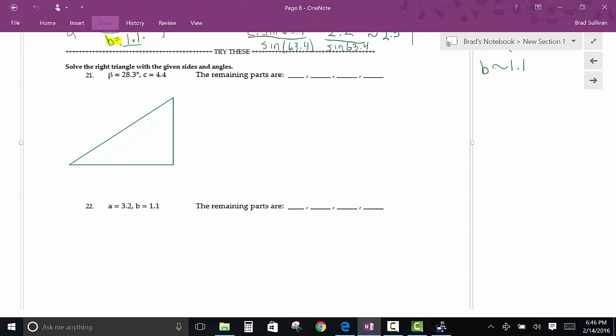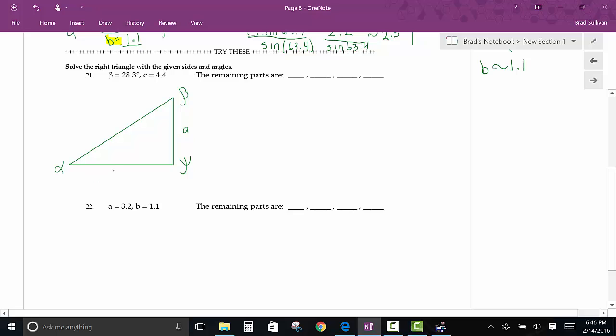I'll do the same thing I've been doing on all these problems: I'll call this alpha, this beta, and that gamma, with sides A, B, C. This time, I gave you the hypotenuse, 4.4, and the angle, 28.3. So we need to find these other things.